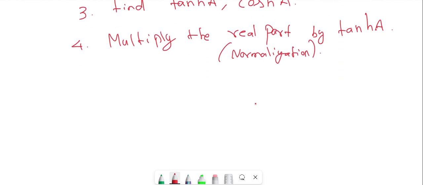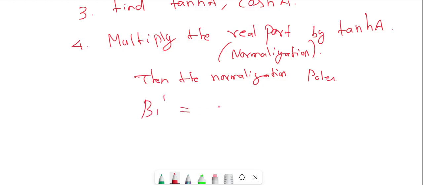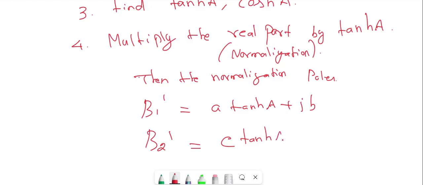Then the normalized poles are B1 dash equal to A tanh A plus jB, and B2 dash equal to C tanh A plus jD.